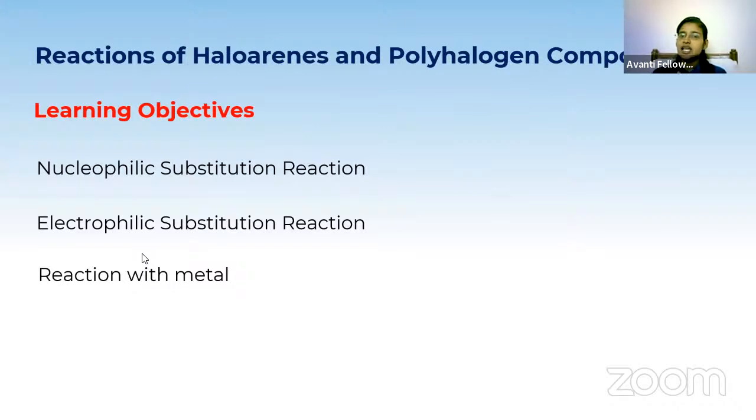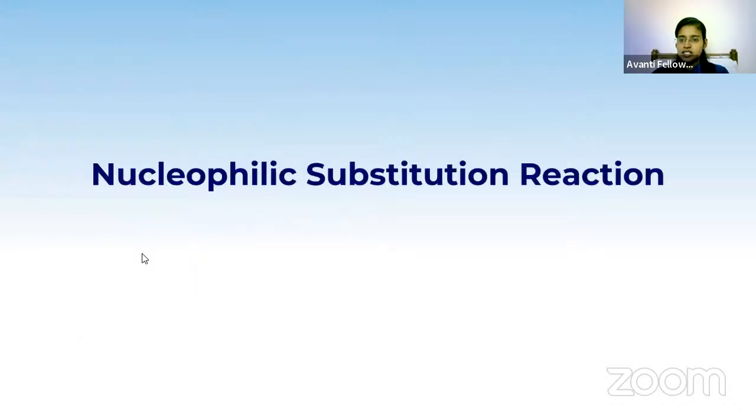These are the three reactions we are going to learn under the reactions of haloarenes. And at last, we will discuss the polyhalogen compounds, and their uses, advantages and disadvantages. I will start with the first chemical reaction, which is nucleophilic substitution.